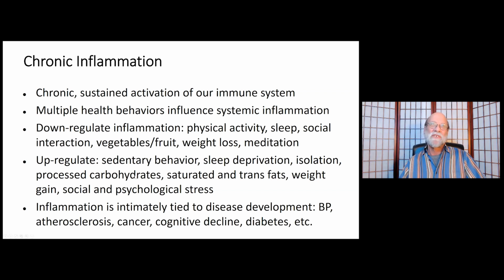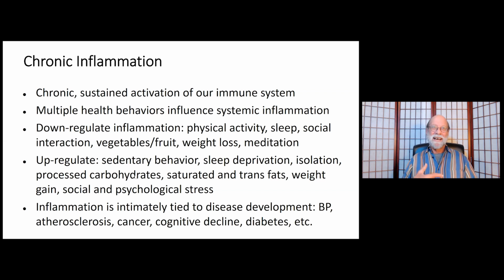And there, as I just said, there are multiple health behaviors that influence systemic inflammation. We can downregulate inflammation through things like physical activity, better sleep, social interaction, more fruits and vegetables, weight loss, even things like meditation.